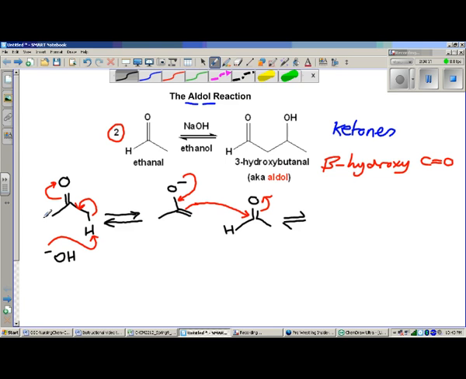Now, to make sure I don't forget this, there should be a hydrogen there, and there should be a hydrogen here. I'm going to number the carbons in my enolate as 1 and 2. I'm going to number the carbons in my second molecule of aldehyde as 3 and 4. So when I draw out the structure of my enolate once that reaction has occurred, here we go.